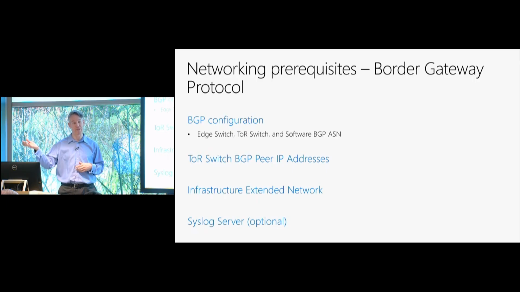So you'll get that from the networking team of your customer, and you say, hey, I'm going to introduce a new device into your BGP network. Can you give me some numbers? That hopefully they'll easily assign you some, and then when you connect up your Azure Stack scale unit, it will automatically be able to route out through the border devices to wherever it needs to go. So you need to answer a few questions about that environment.